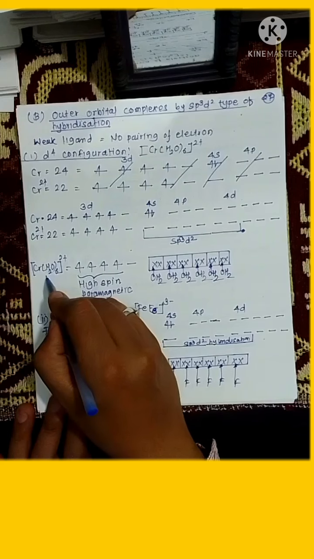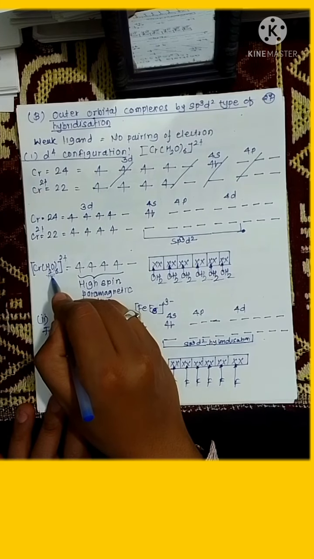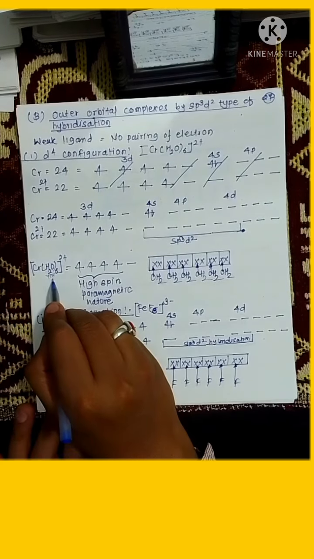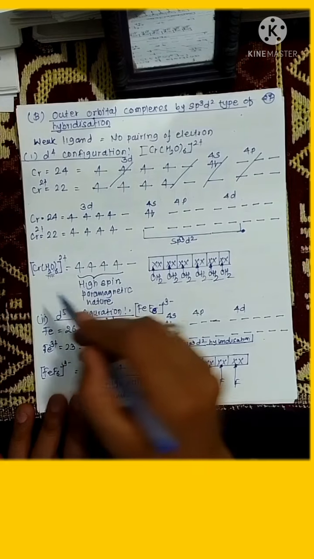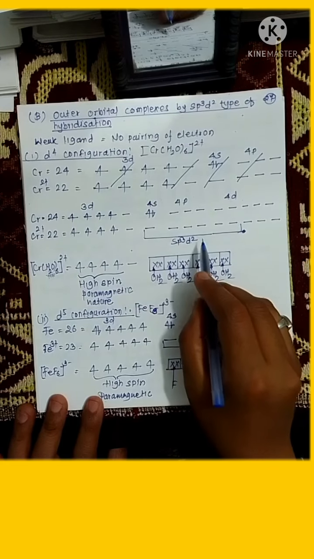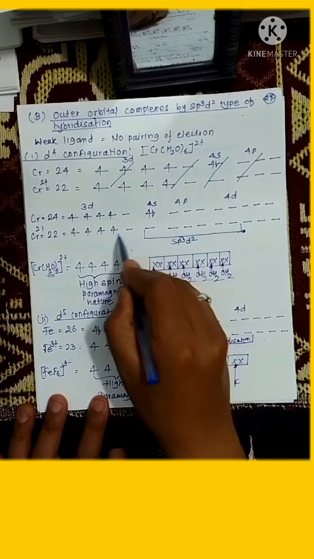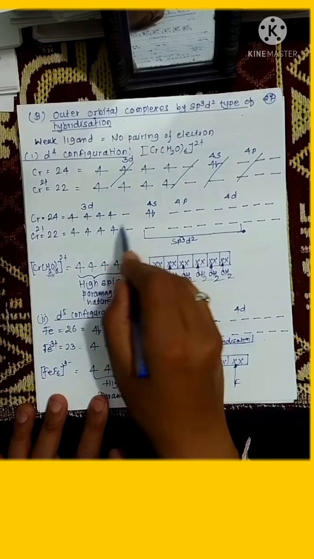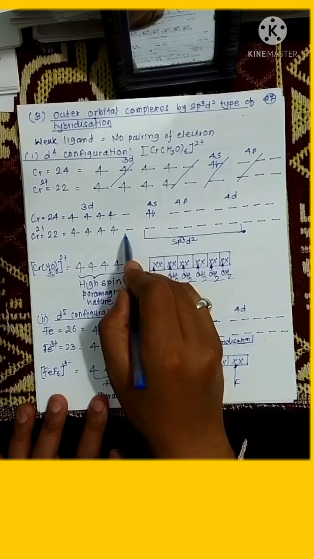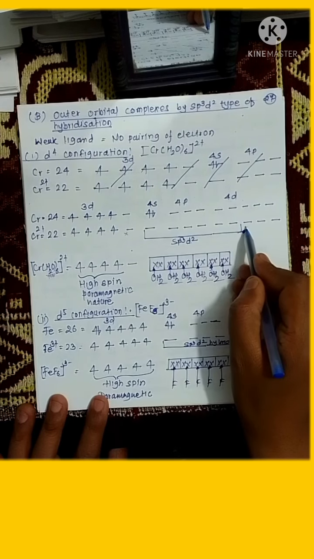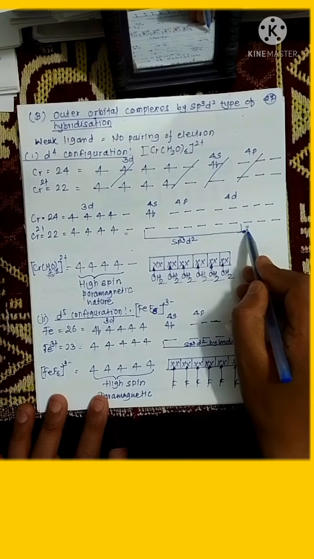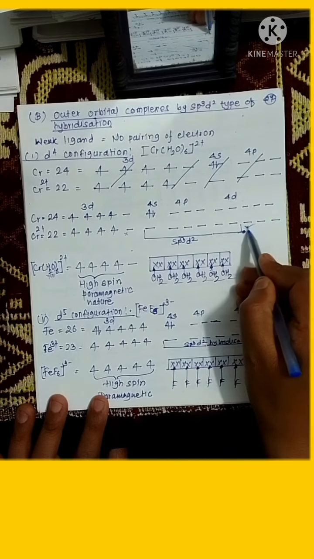Since water is a weak ligand, an outer orbital complex is formed. So the d orbital from the inner shell is not used in hybridization; the outer shell orbital is used. The outer orbital is used in hybridization.